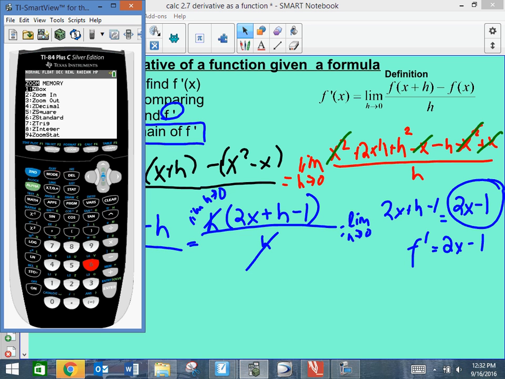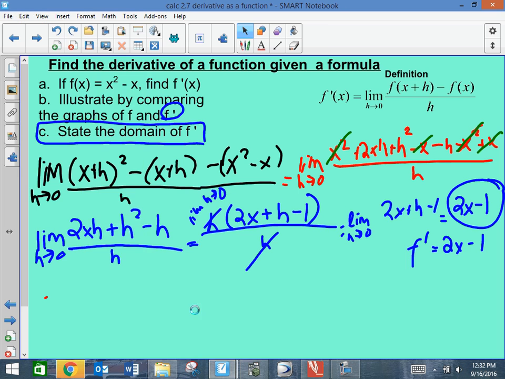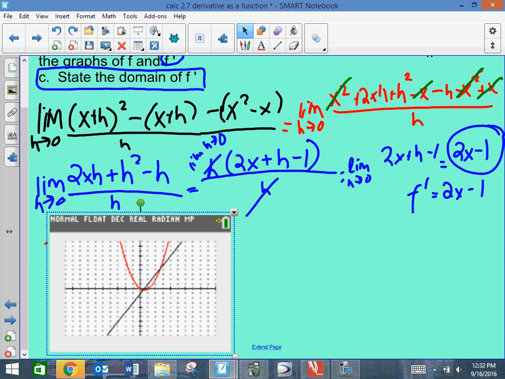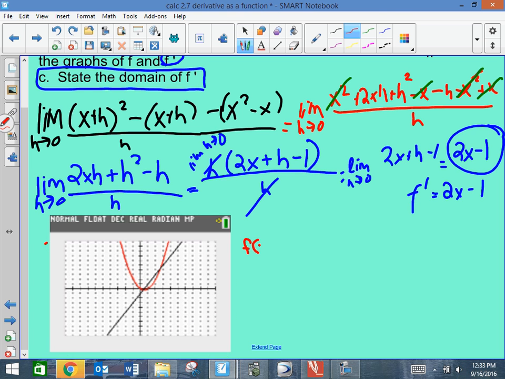Okay. Now, the red is the function, and the black is the derivative.